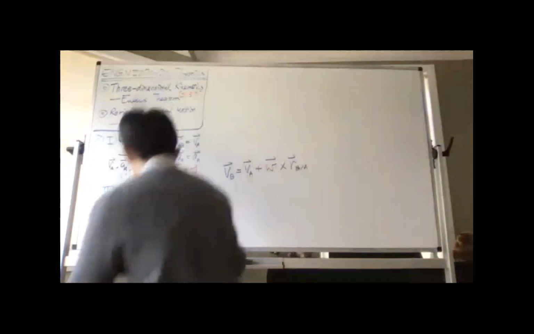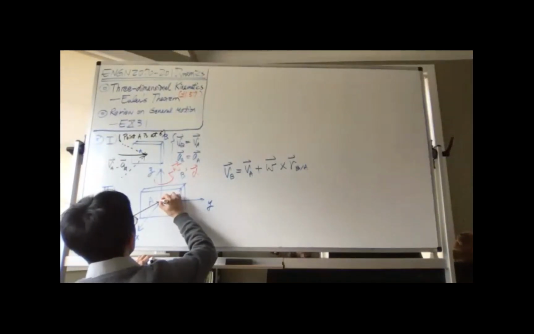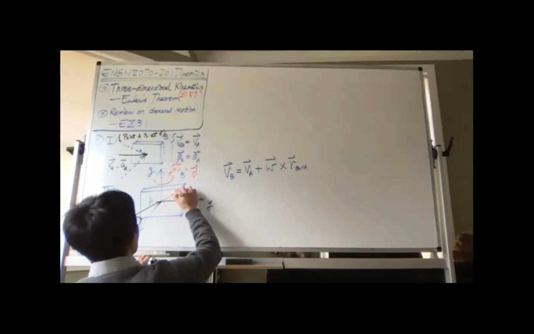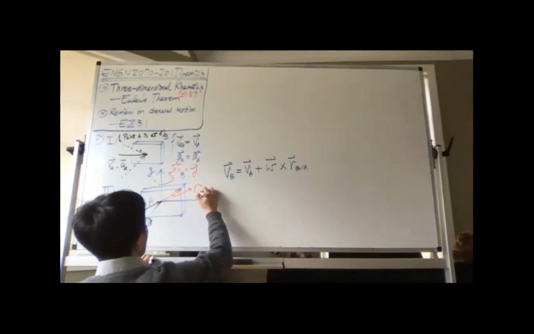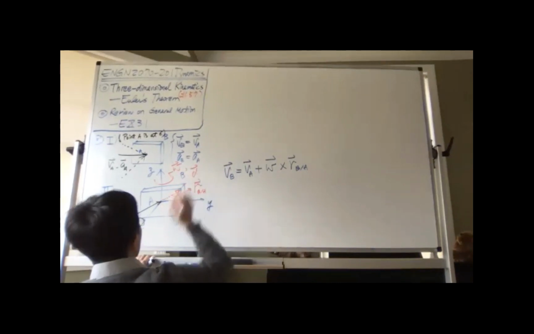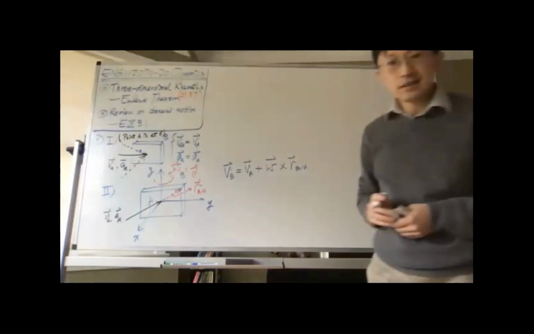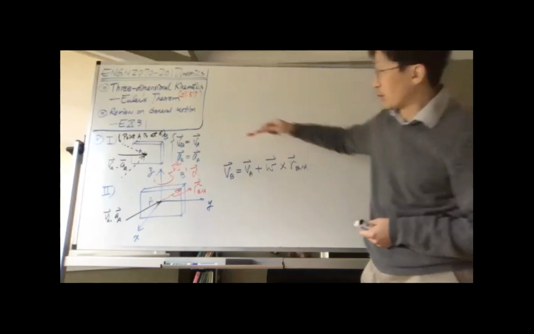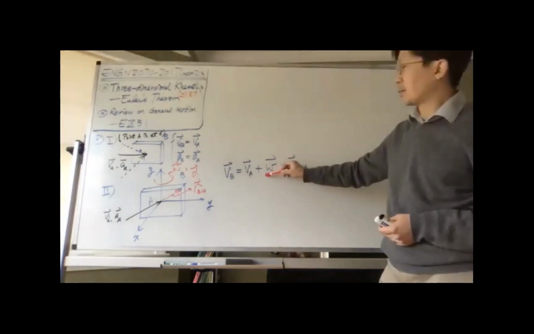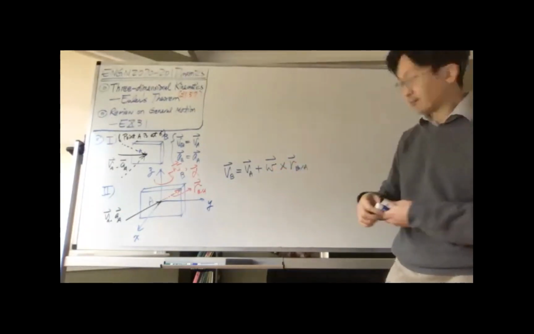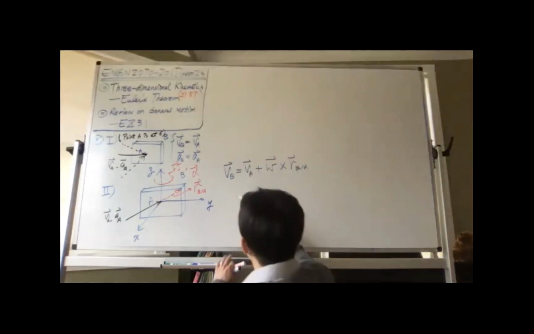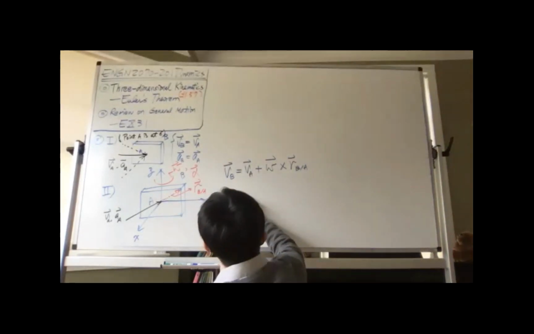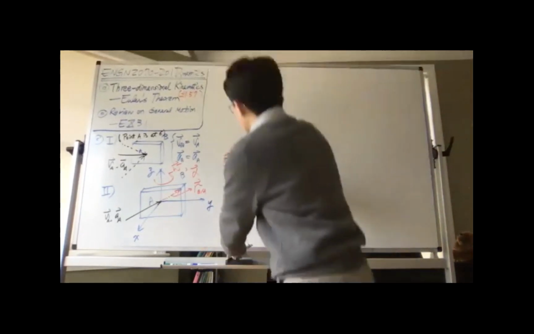RBA is this, from A to B. So the difference between these two now is obvious because it has an angular component right here. And what about AA? I'm sorry, AB. What about AB?